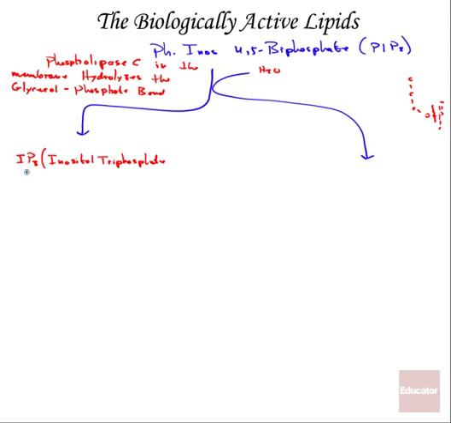So this IP3 is released into the cytosol. Remember we said it's on the inner leaflet, so once it breaks that, the IP3 molecule just floats into the cytosol. I'll show you a picture of it in just a minute, so don't worry about that.